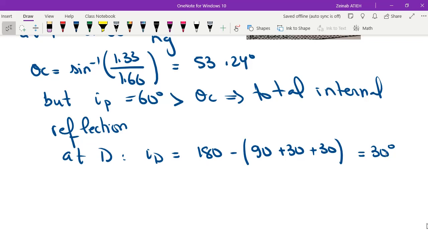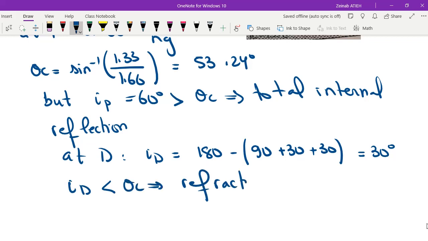Now again the same thing. We are coming from dense to rare. In this case I have to compare with theta critical, which is 53. So here ID is smaller than theta critical. In this case we will have refraction. I can apply Snell's law. So ID is less than theta critical and we will have refraction.